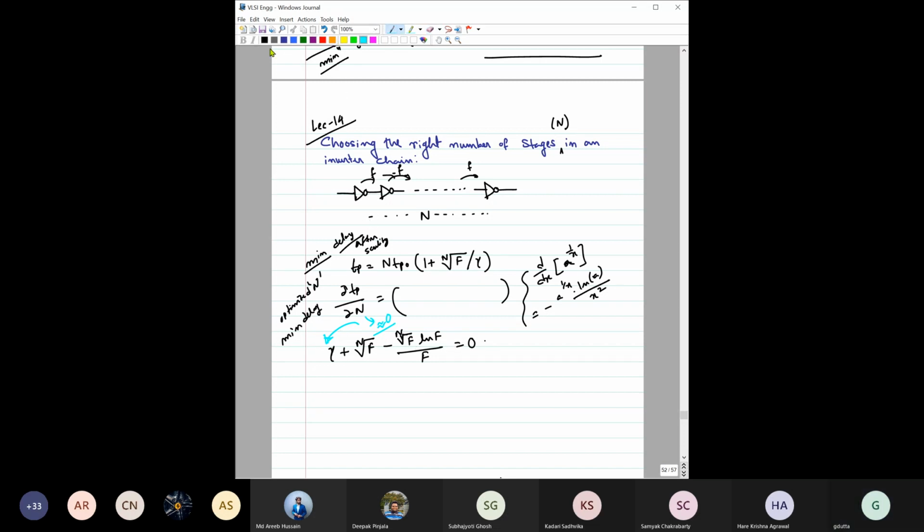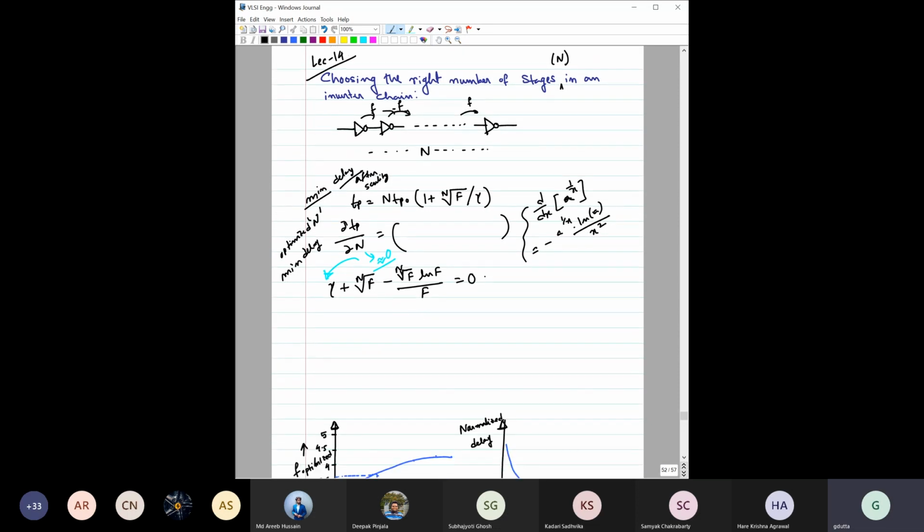Okay, if you try to manipulate this a little bit further, then from here you can actually write this expression in terms of the small f, where it is 1 plus gamma by f. I encourage you to please check this out, how you can do that.